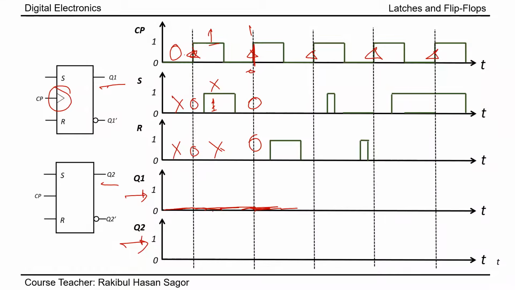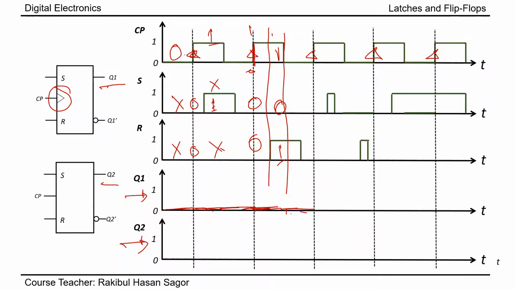Now again you can see from here the clock pulse is 1, S equal to 0, R equal to 1, but the flip-flop will not go for the reset condition, because even though the clock pulse is 1, this is an edge triggered flip-flop, it will detect the positive edge of the clock pulse. At that moment, the value of S and the value of R will determine the output.